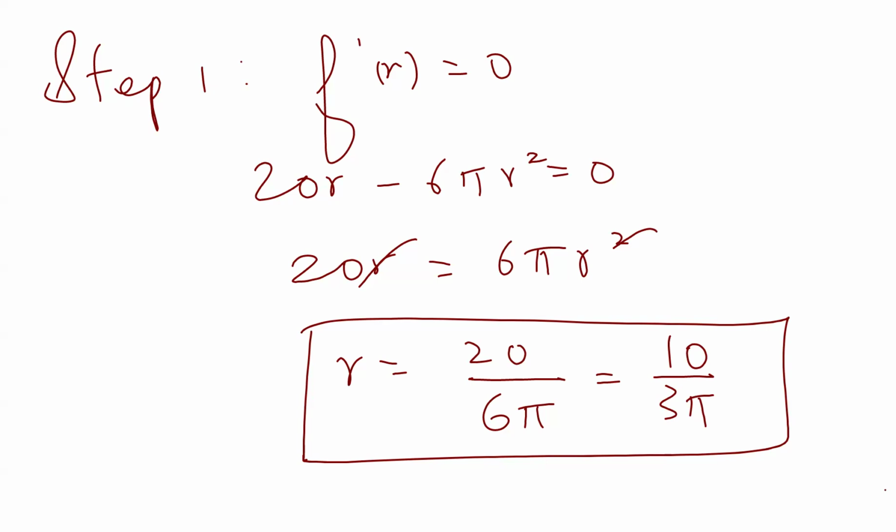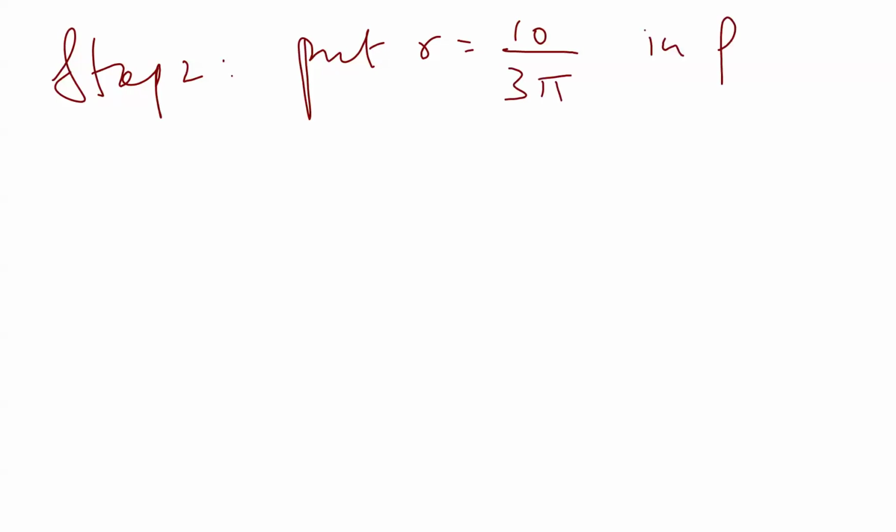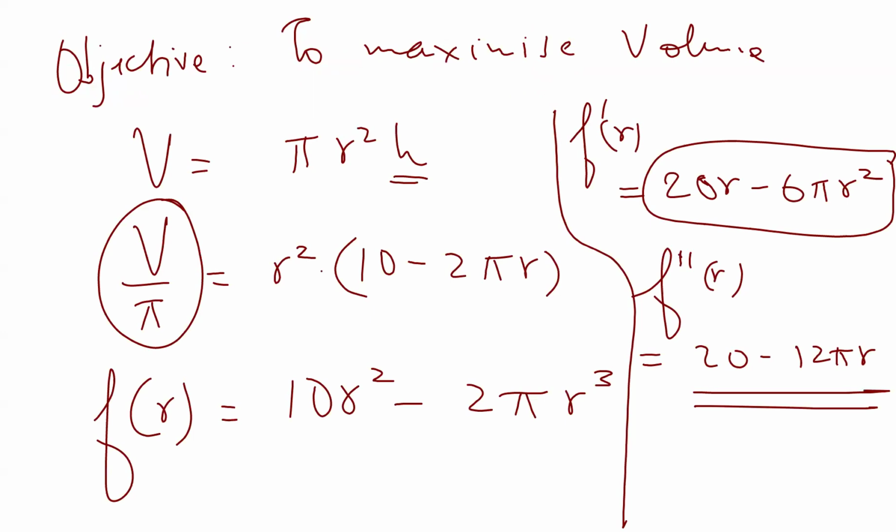Okay, so we can put this r is equal to 10 upon 3 pi in step 2, that is f double dash r. Let me know once copied. Yes, sir. It's done. Yeah. Step 2, put r is equal to 10 by 3 pi in f double dash r. Now f double dash r we have already calculated. The value of it is 20 minus 12 pi r.